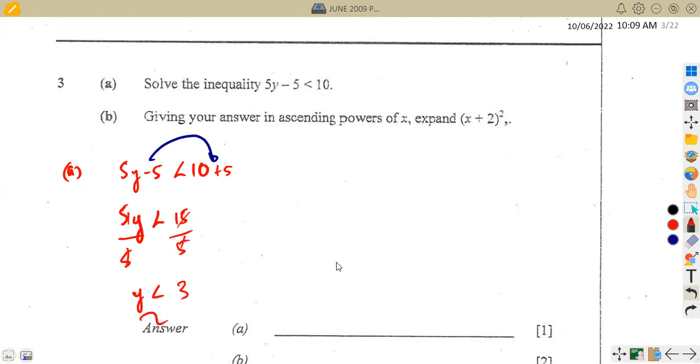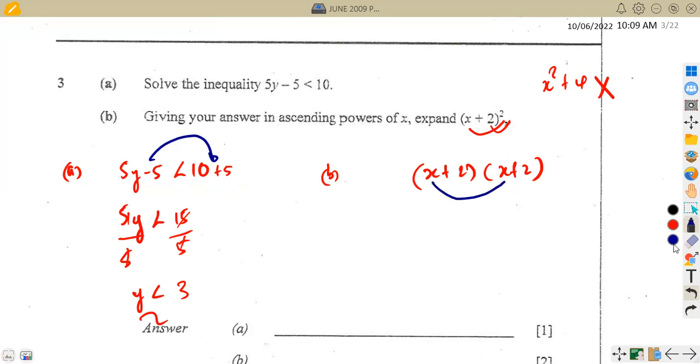So that was it. Giving your answer in ascending powers of x. Expand in ascending powers, ascending meaning you are increasing from the least to the greatest. Okay, just like that. So first expand, we've got (x plus 2) squared. That means we've got 2 brackets that you're going to expand. Never make the mistake to say this is x squared plus 2 squared like that. This is wrong. You expand these brackets by multiplying each term.